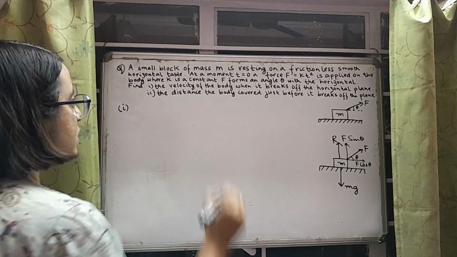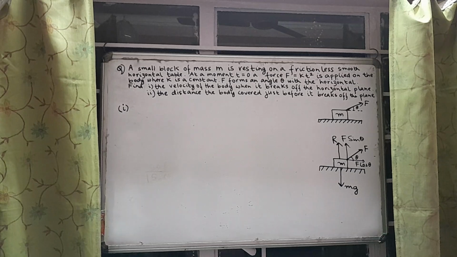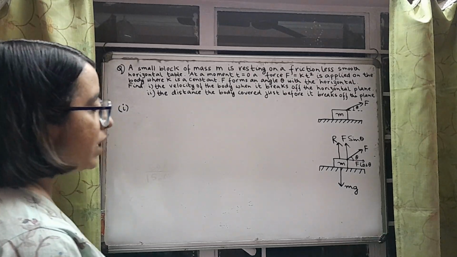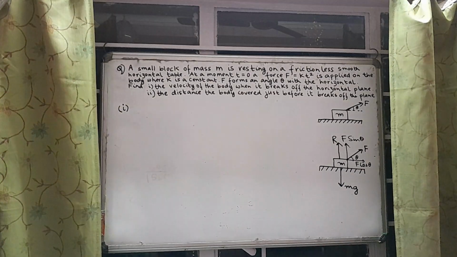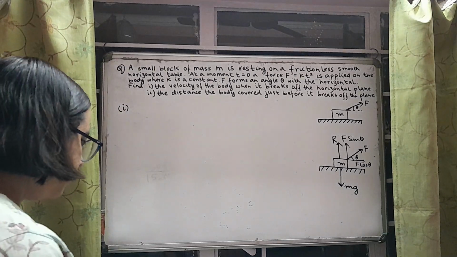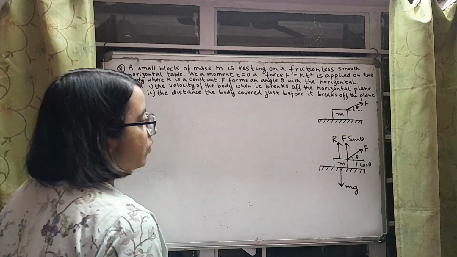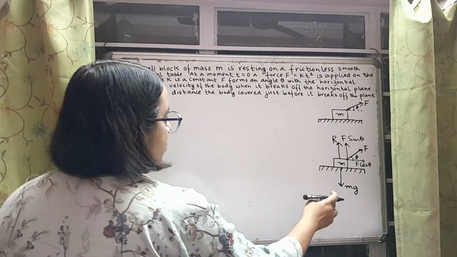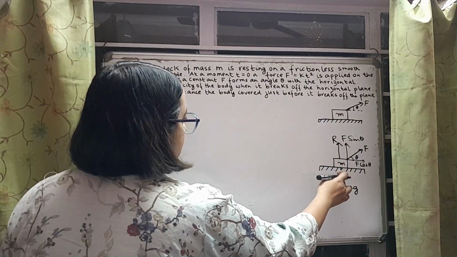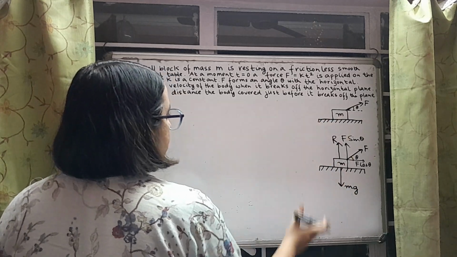So let us first see how we calculate the first part, that is the velocity of the body when it breaks off the horizontal plane. Before that, let me just write down what my forces will be according to this free body diagram. The force acting downward is mg, which will be balanced by the upward force.